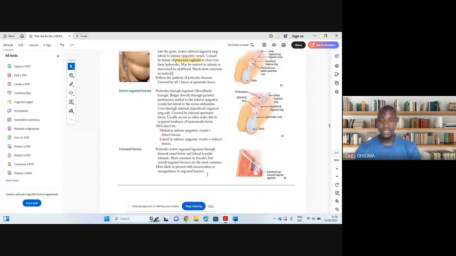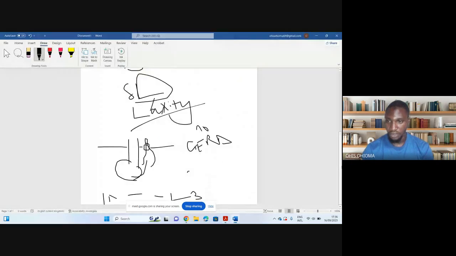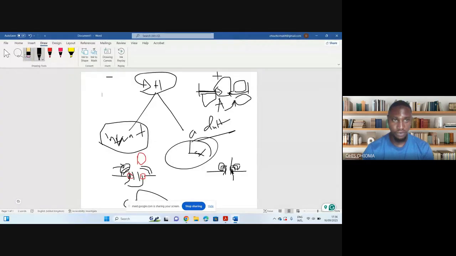Femoral hernia basically is what happens when... So when you see a hernia, the first thing you want to ask yourself is, let me give you guys an algorithm so that it makes it a lot easier for you.